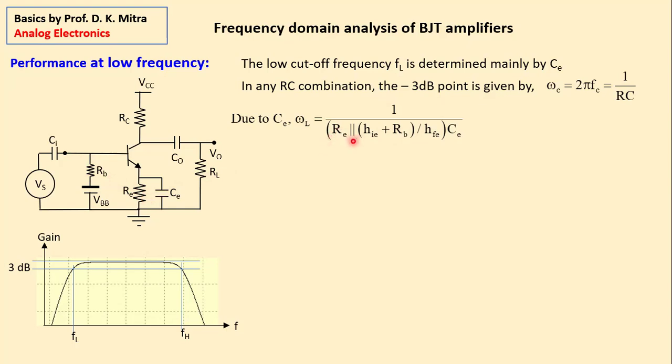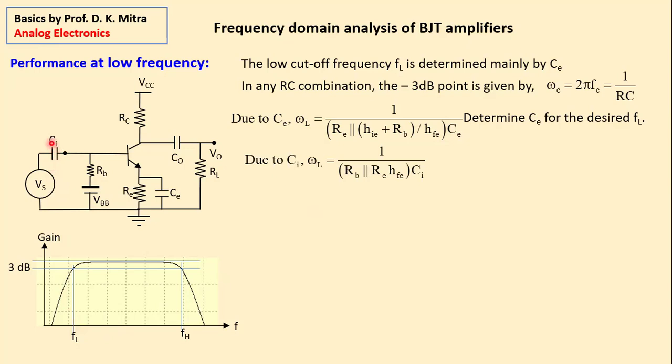So once you have selected RE and RB, you know what is the value of omega L. So in the reverse way, if you want a particular omega L, then you determine emitter bypass capacitor's value of CE. So this is the first step. You should determine CE so that your cutoff frequency is your desired FL or higher, maybe. This is the first step. Second step. Now let's go to the second step.